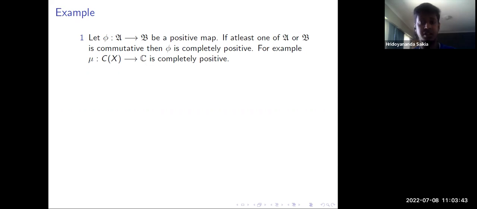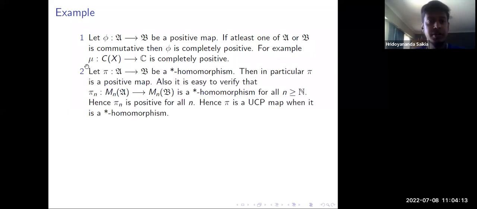For example, suppose our C-star algebra A is the commutative C-star algebra C of X for some compact Hausdorff topological space X, and our codomain is C, and the map is a positive measure mu. Then we can show that it is actually a completely positive map. It means mu n is positive on each level.